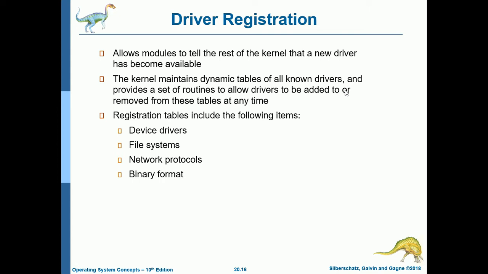The kernel maintains dynamic tables of all known drivers and provides a set of routines to allow drivers to be added to or removed from these tables at any time. Registration tables include the device drivers, file systems, network protocols, and the binary format.